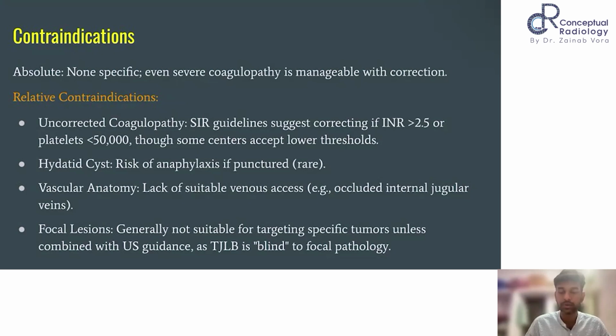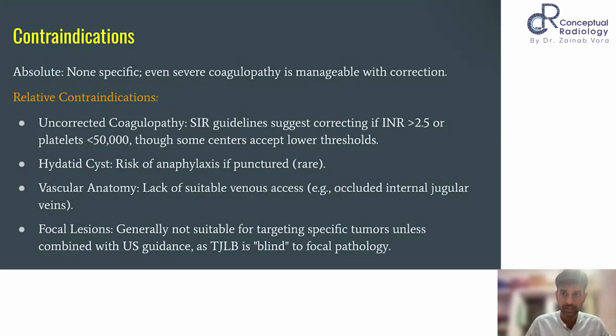Although people still do TJLB under FFP cover with high-risk consent if it is unavoidable, or else we need to correct the coagulation parameters first and postpone the procedure. Hydatid cyst is also one, because there is a risk of anaphylactic shock if we puncture a hydatid cyst. So that is one of the relative contraindications.